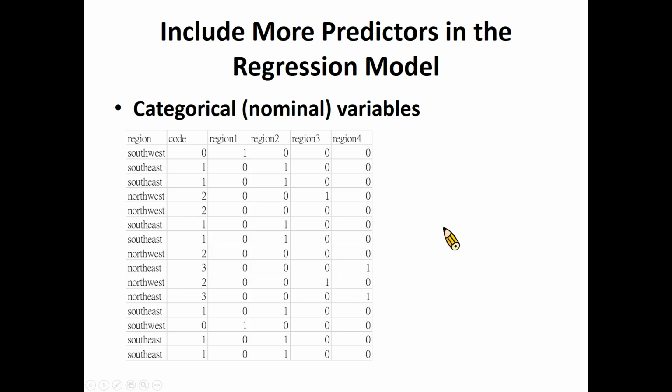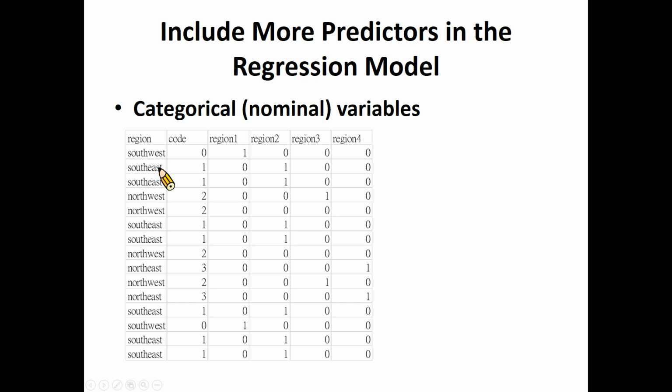Okay, the last variable we want to include in our multiple linear regression model is the region. I just pasted part of the region data in this slide. Obviously, this region data is categorical, meaning that it has distinct categories.